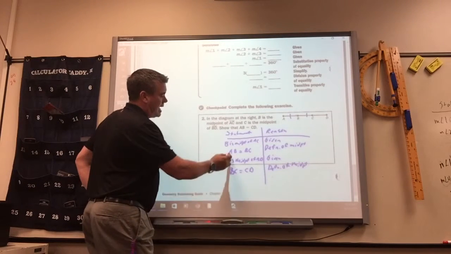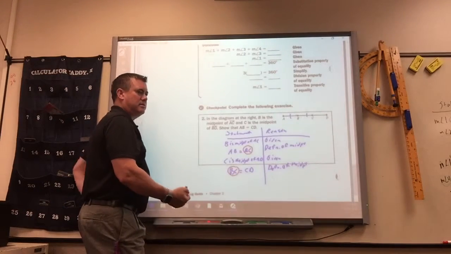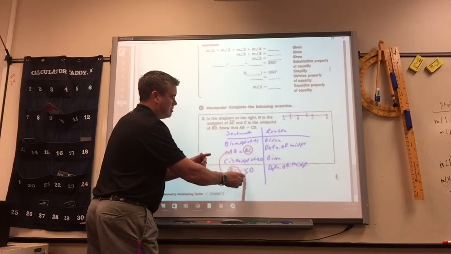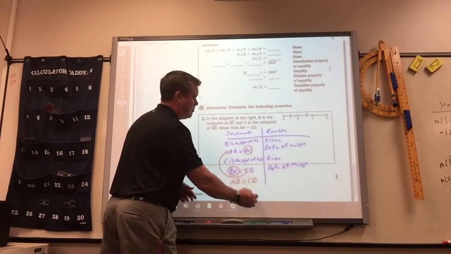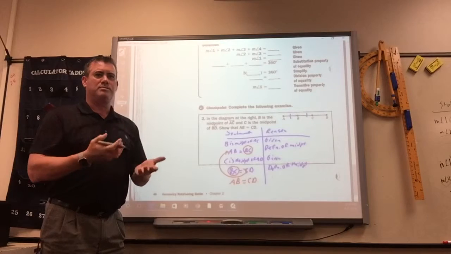So now AB equals BC and CD equals BC. Since they're both equal to BC, what do you know about these two? They're equal. AB equals CD, and you can either put transitive or substitution.